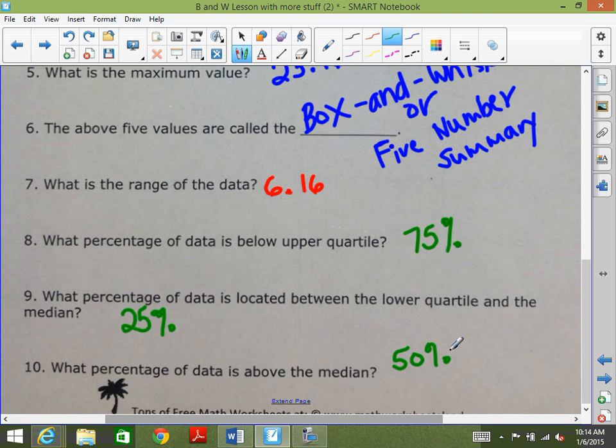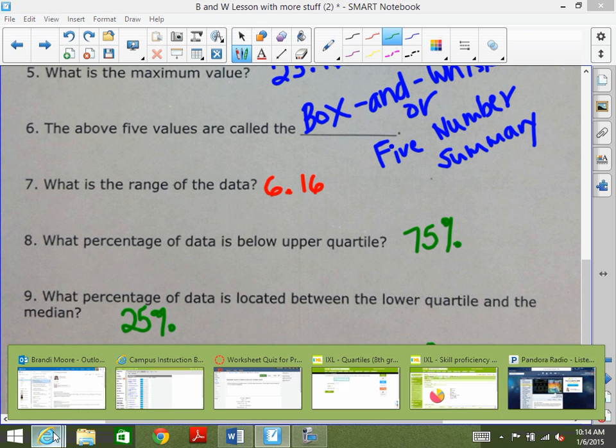Any other questions? Okay. The next assignment that I'm going to give to you is a sheet. Okay? At this time, I want you to get on Canvas for me, please. Get on Canvas.